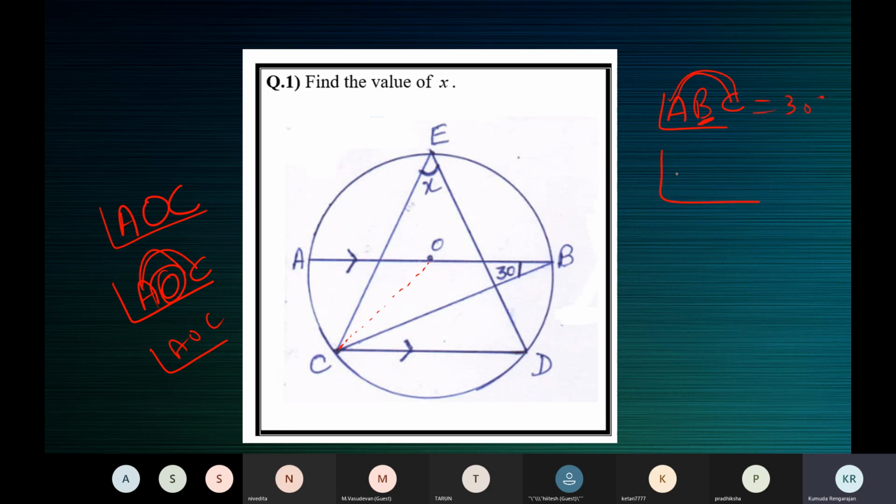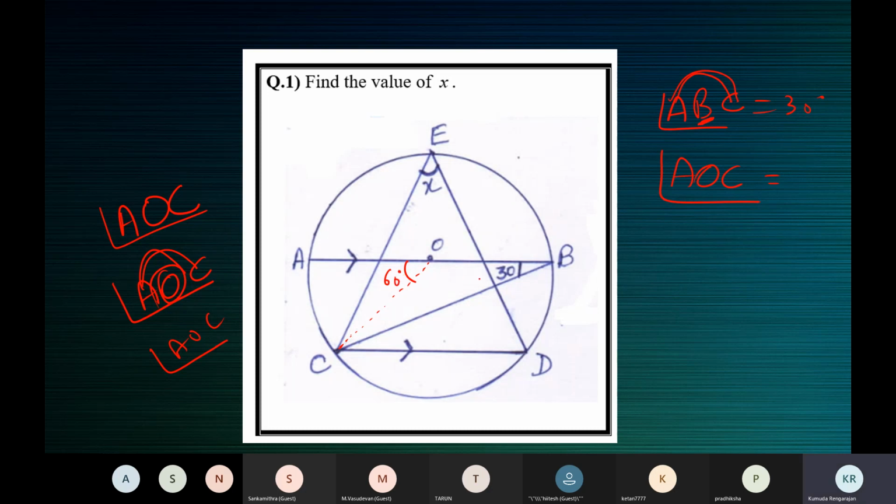The same arc AC makes angle AOC at the center. So what is the measure of angle AOC? Angle AOC will be 60 degrees.